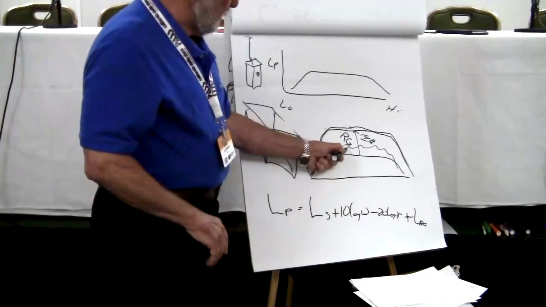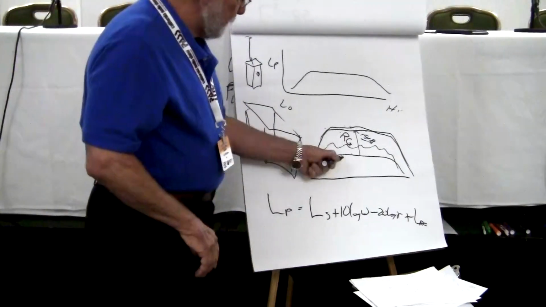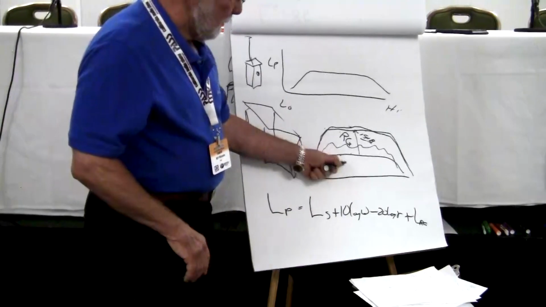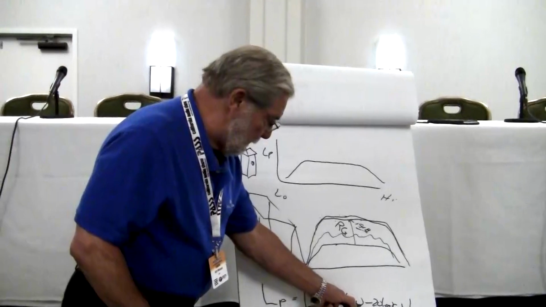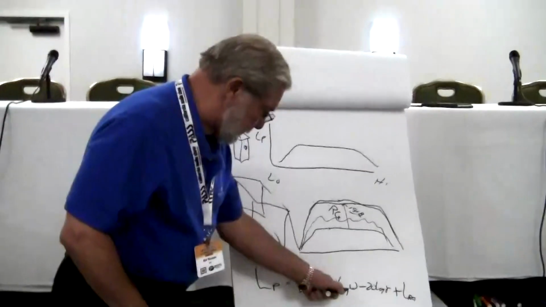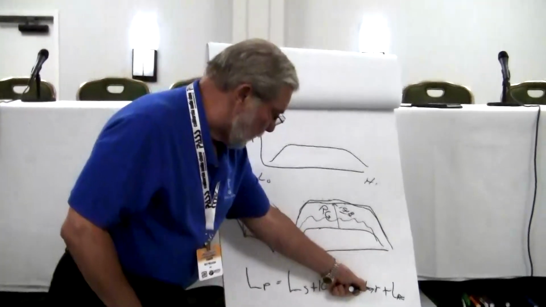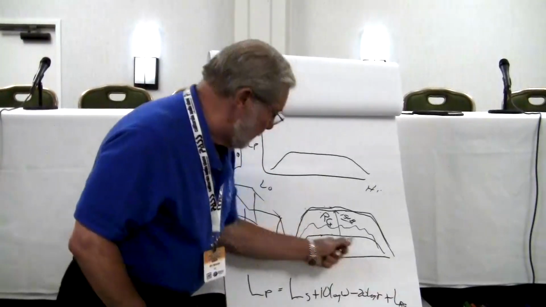Because this is what you hear. This is what your speaker's putting out, and then you adjust it for how far away you are. Here's how far back you are, and here's the room gain.